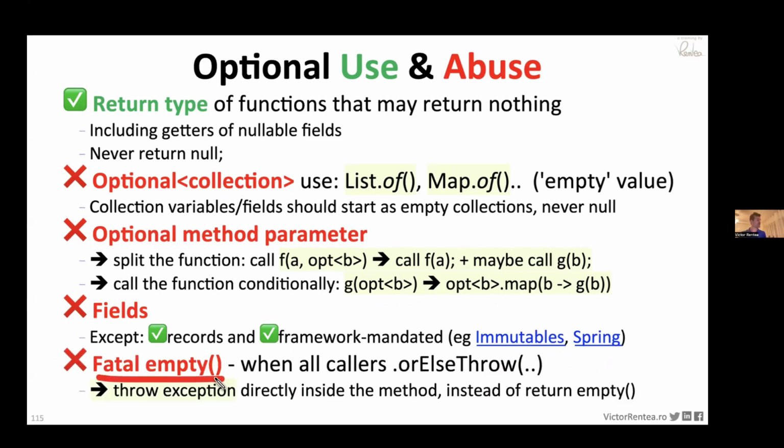Also, an interesting, debatable point is when your method returns an optional to all its callers, but then all the callers throw on your empty. If everyone in your application throws whenever you return an empty, do you really want to return the empty, or would you rather throw yourself inside your function? For example, user.getRole.